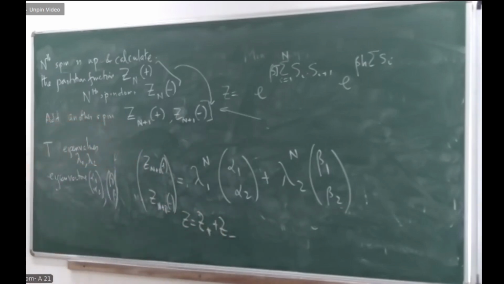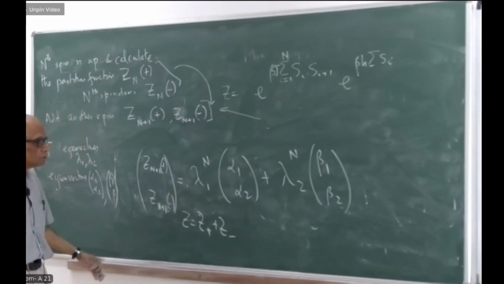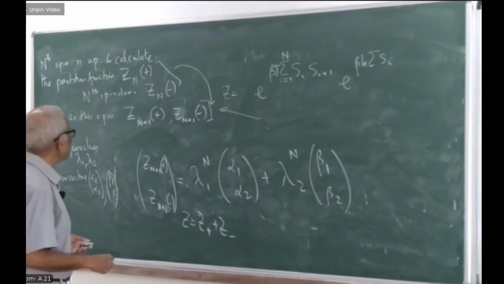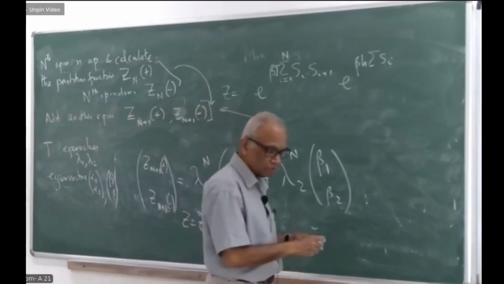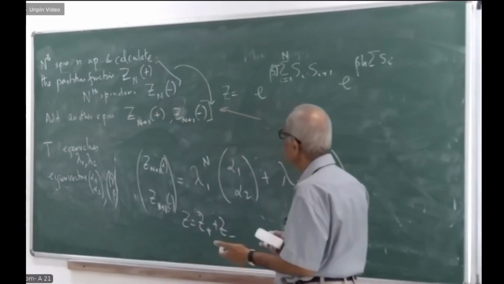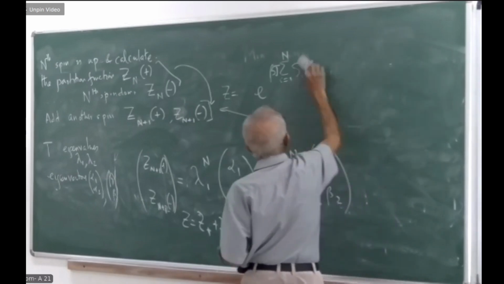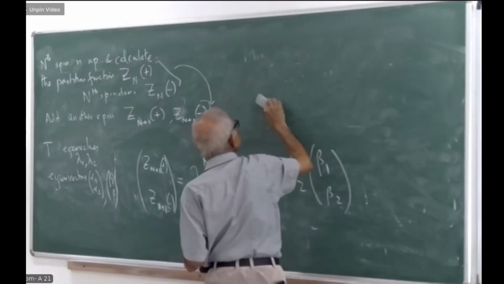That's the end of the thing. So all right, now what? All that is required of me is to find the eigenvalues of the transfer matrix. Once I have the eigenvalues of the transfer matrix, I'm through.